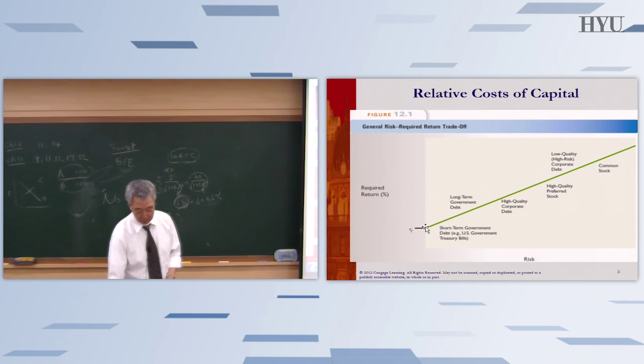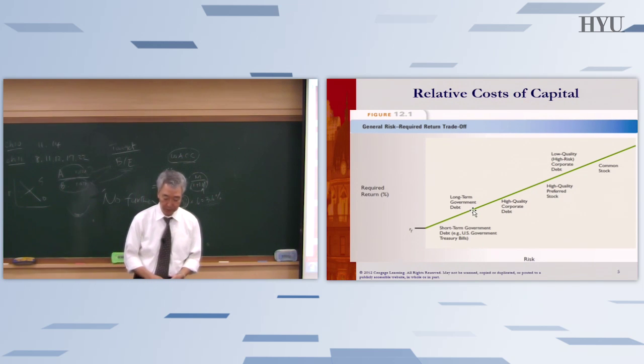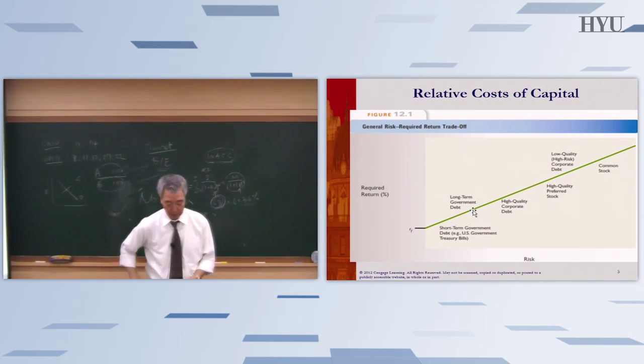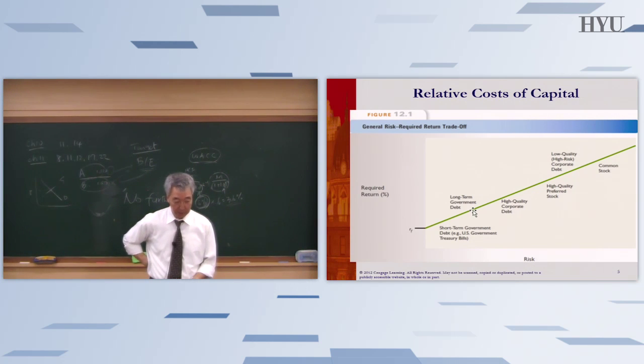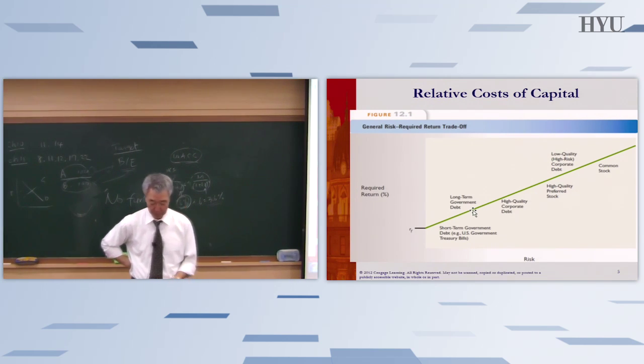And then as we move on to longer-term securities, even government debt involves some risk. You never know what's going to happen in 20 years, even to the U.S. government.